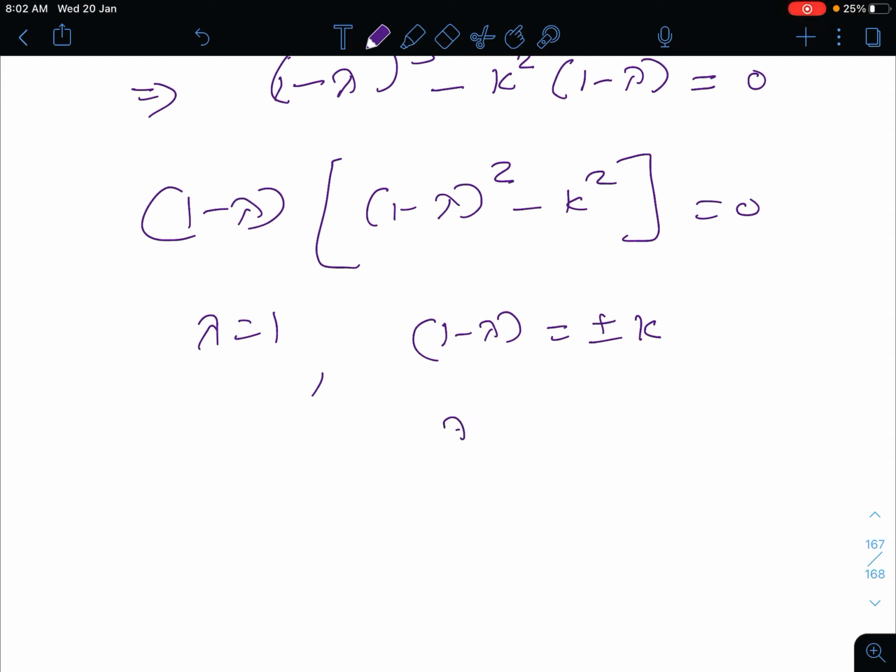Or lambda is equal to 1 plus K, lambda is equal to 1 minus K.